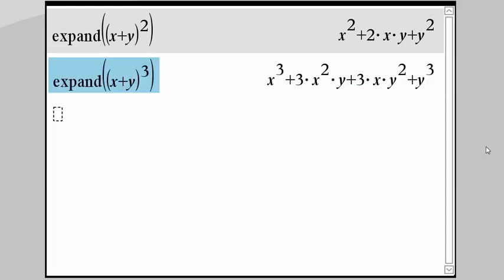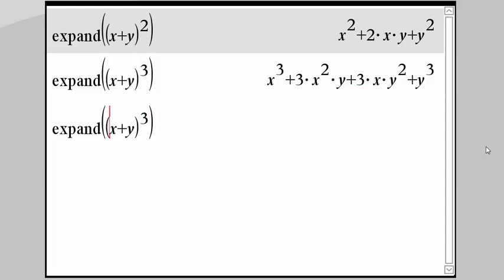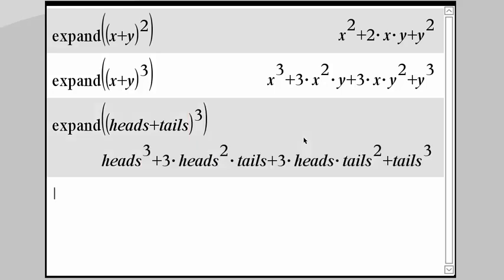A beautiful thing about using the CAS is we don't have to restrict ourselves to just x's and y's. What if I actually name these variables to be what's happening within our probability? So let's expand heads plus tails. Those are my 2 separate outcomes in my binomial situation, and the exponent is the number of flips or the number of trials that I'm doing. So what I see now is 3 heads.